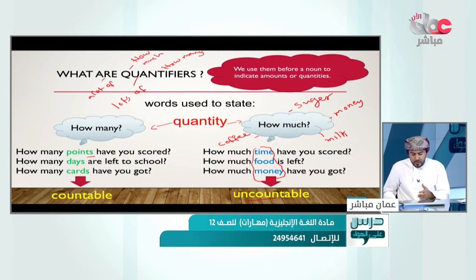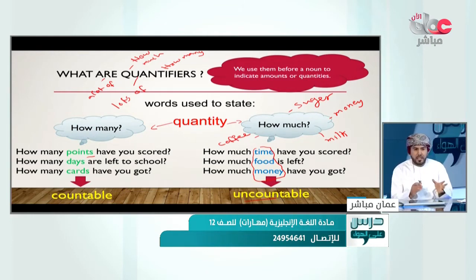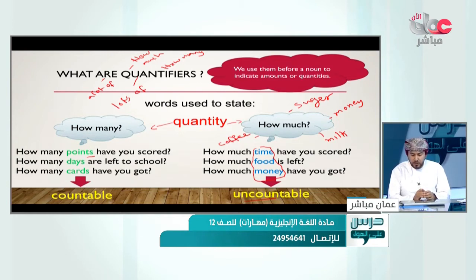So how much should be followed by uncountable nouns. We can say, how much milk do you drink every day? How much coffee did you drink yesterday? So the idea here, the difference between how many and how much: how many should be followed by countable nouns, and how much should be followed by uncountable nouns. All right?